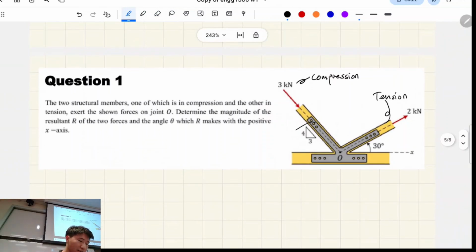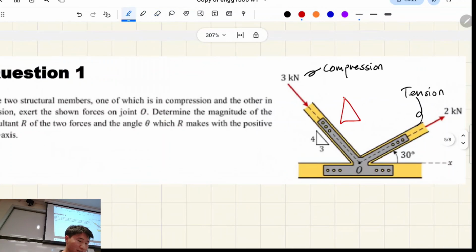Okay, so we have an angle here for this member on the right, but over here on the left, we have this representation of geometry. Because it's a 3, 4, 5 Pythagorean triangle.